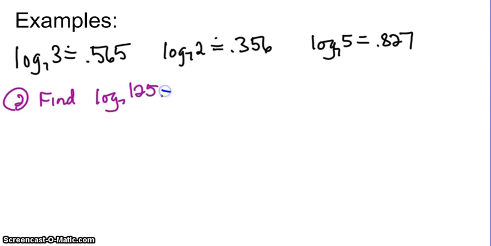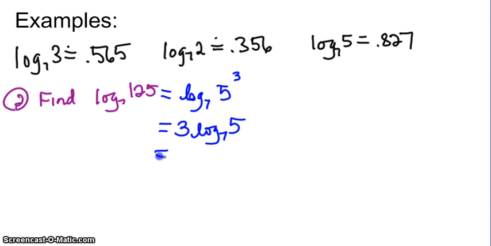Well, the way that I can do that is I can rewrite 125 as 5 cubed. 5 times 5 times 5 is 125, and now I can use the power law, the power property. 3 comes down over here, 3 times the log base 7 of 5, which is 3 times 0.827, which is equal to 2.481.